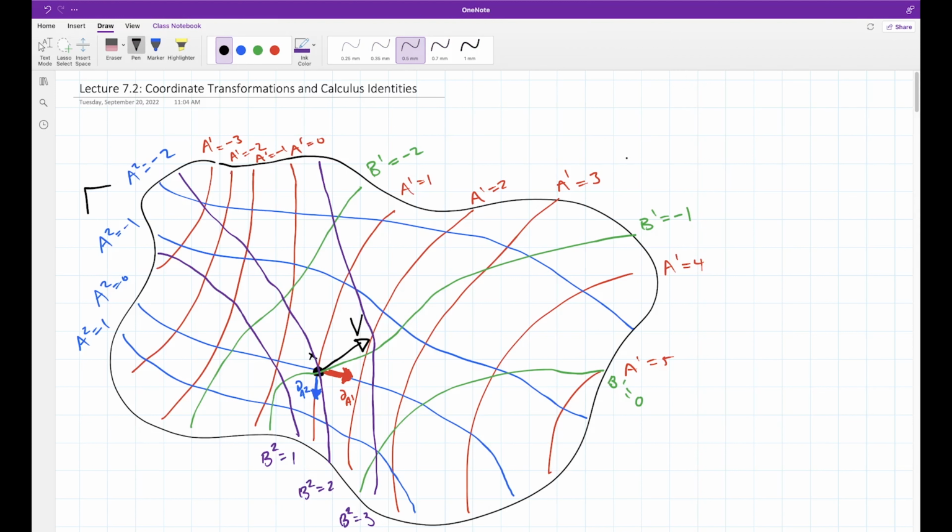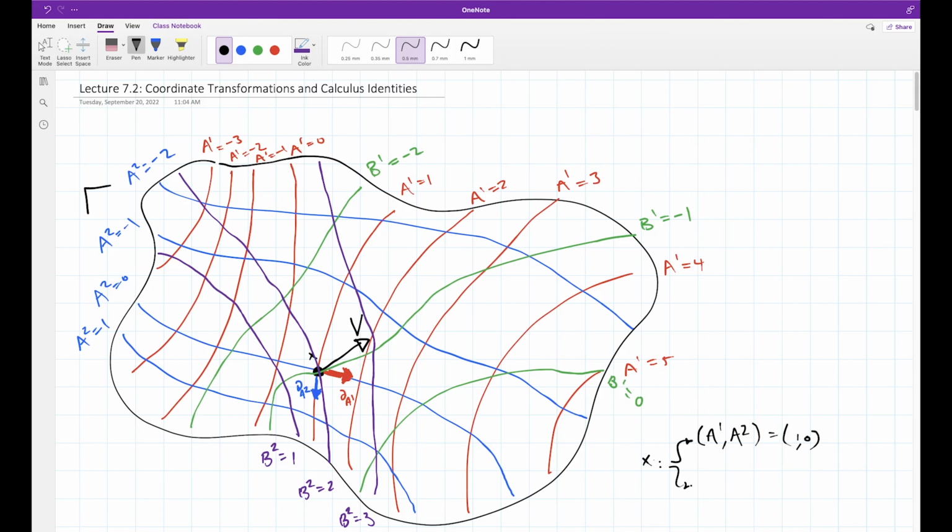So whereas this point X in the A1, A2 coordinate system was equal to, let's see, so we had A1 is equal to 1, A2 is equal to 0, so it was equal to the point 1, 0.